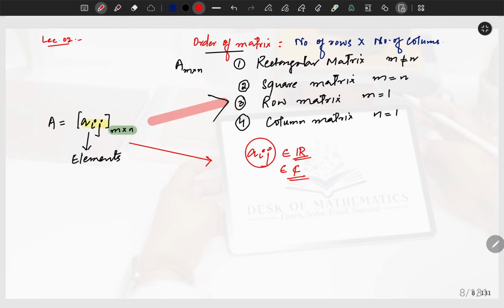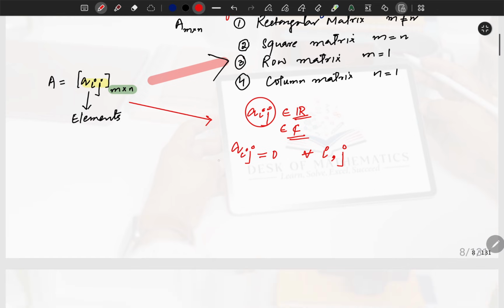So on the basis of these elements, we have different types of matrices. For example, if the elements are 0 for all rows and columns, meaning every element in a matrix is 0, then obviously if we have a 3 cross 3 matrix and all elements are 0, it will be in the form of this.